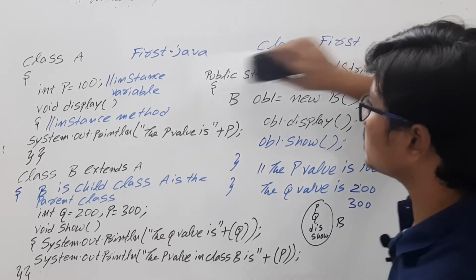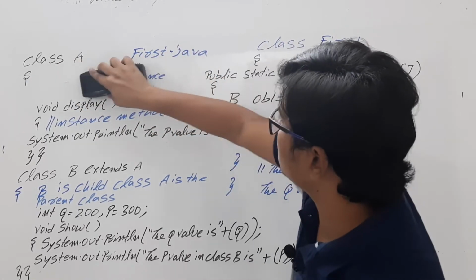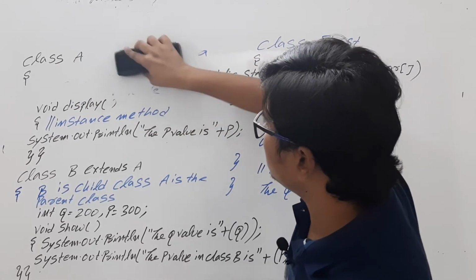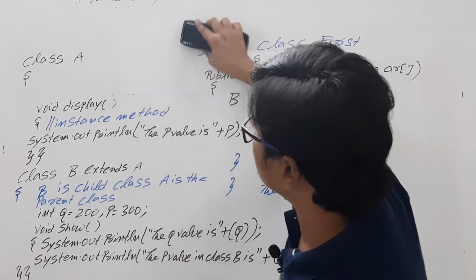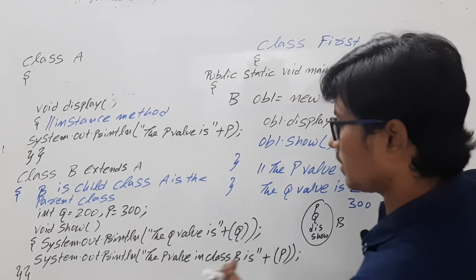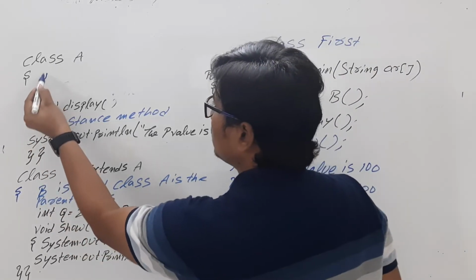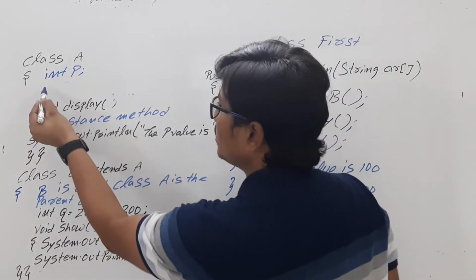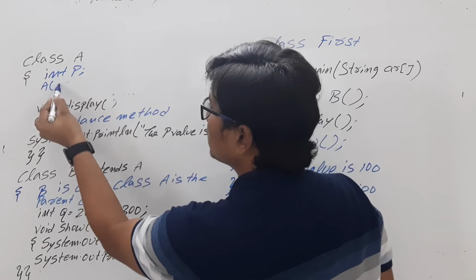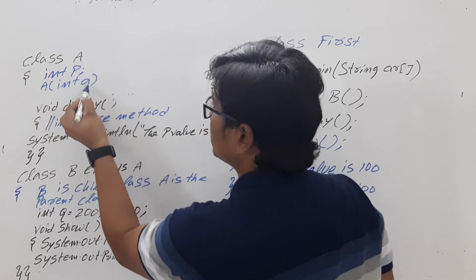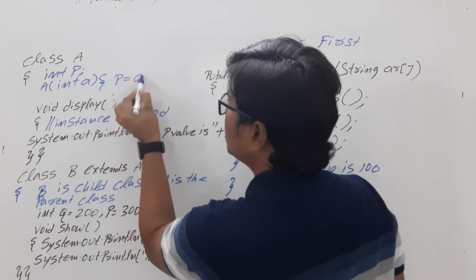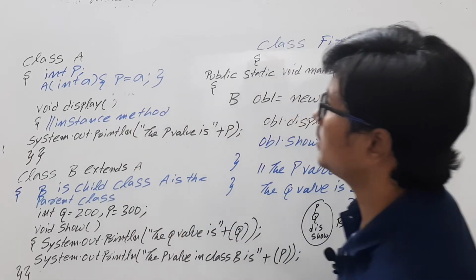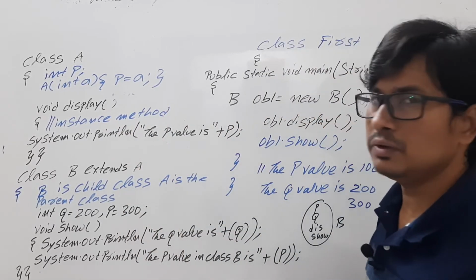So as the class name is A, I can create a constructor called A. What I will do is that I will declare a variable called P and then I will initialize a parameter constructor. So I will write int A, then I will write P is equal to A. Okay, P is equal to A.